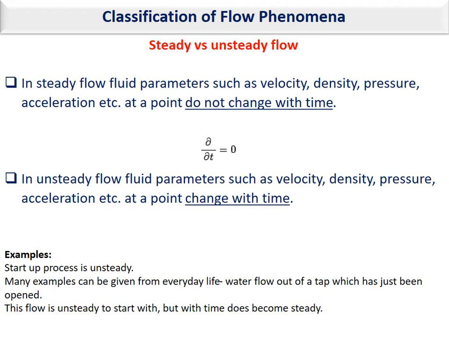You can say d, but I'm afraid that property may depend on other parameters in addition to t, so it's safe to say the partial derivative of that parameter with respect to t is equal to 0. While in unsteady flow, fluid parameters such as velocity, density, and others at a point change with time. So you can see that in the second one, the partial derivative with respect to t is not equal to 0.